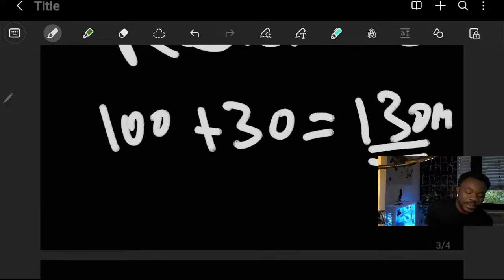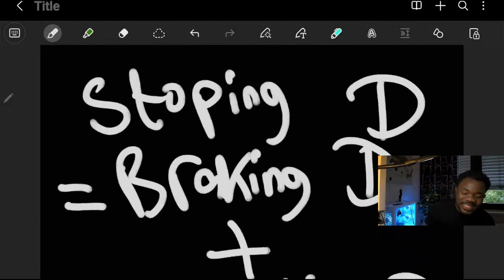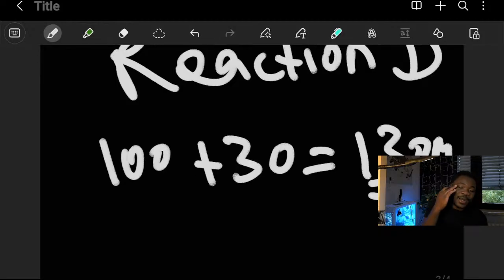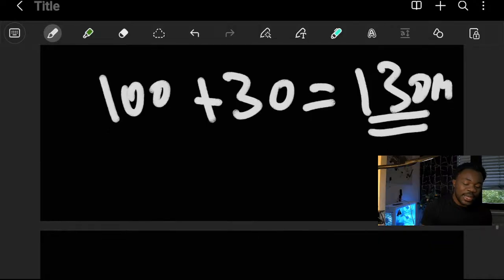Okay, so listen. Stopping distance is braking distance plus reaction distance. Now, I don't want to go back and do the mathematics because we already know how to get to it. Everybody here understands that when you're braking normally with a speed of 100, your braking distance will be 100 meters and your reaction distance will be 30 meters. So I'm simply adding 100 plus 30.